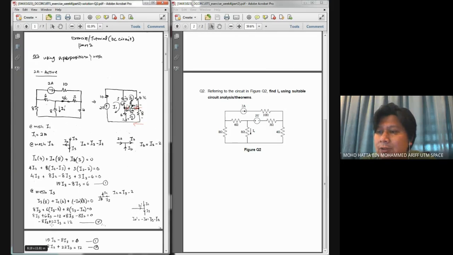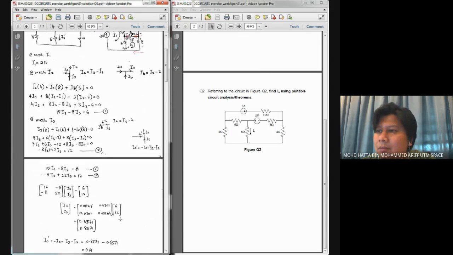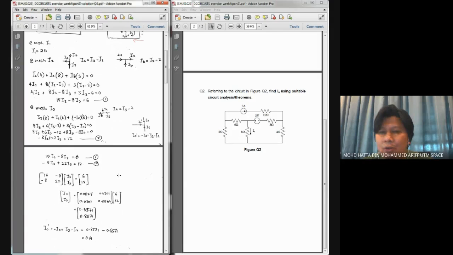The rest is mathematics, where at the end, if you simplify, you will end up with two unknown variables, I2 and I3. This is my equation number 2, and later on you can solve these two equations.